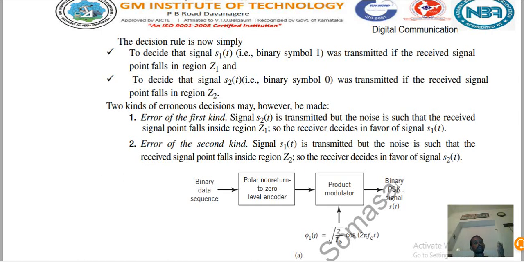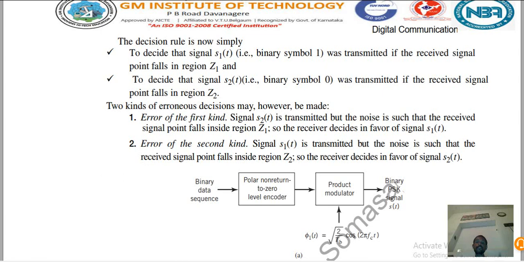Two kinds of erroneous decisions may, however, be made. The first kind of error is when signal S2 is transmitted, meaning symbol 0 is transmitted, but due to noise there may be a chance that the received point falls inside the region Z1, which acts as signal S1, so that the receiver decides in favor of signal 1.